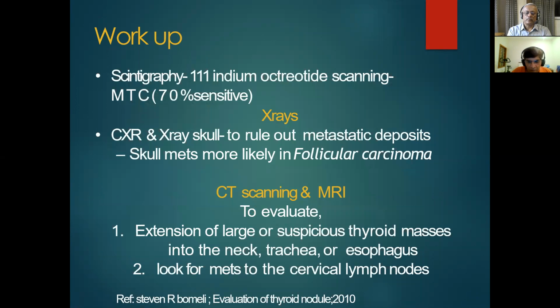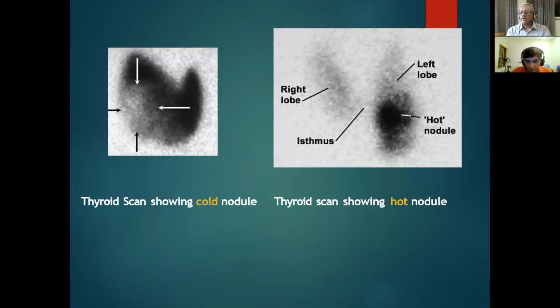Question to Pawan, who's been very quiet. You look at this picture on the right of the screen as a hot nodule. Why is the rest of the thyroid cold?